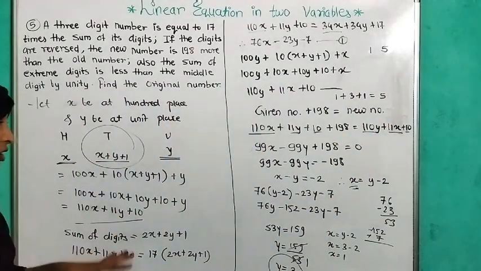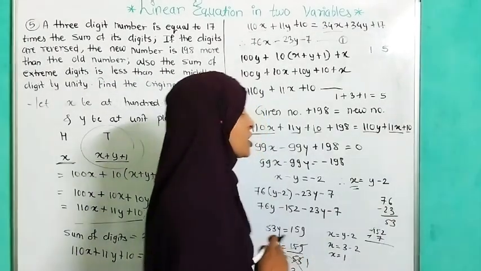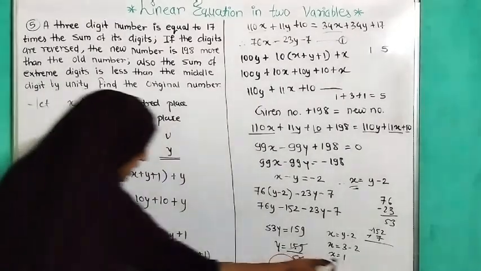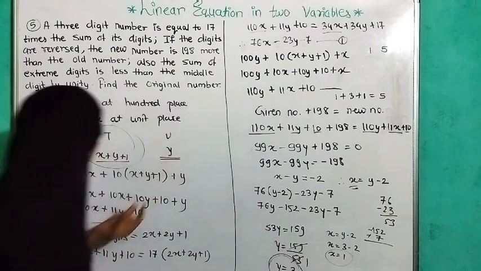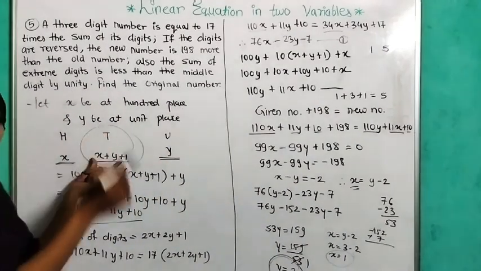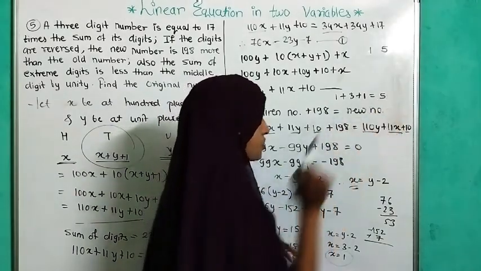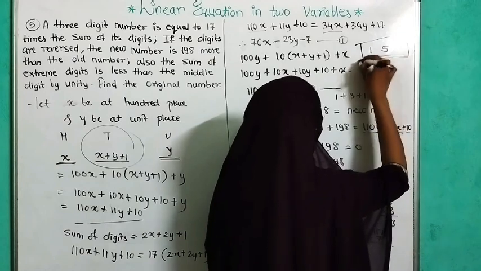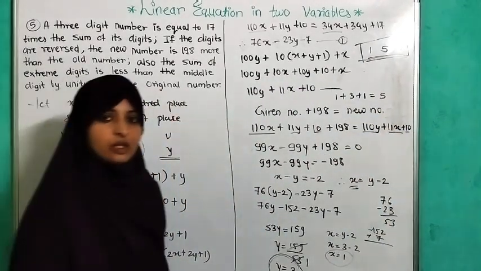Hence we conclude that the original 3-digit number is 153, because at the 100 position x is 1, at the unit position y is 3, and at the 10th position 1 plus 3 plus 1 is 5. So the original number is 153.